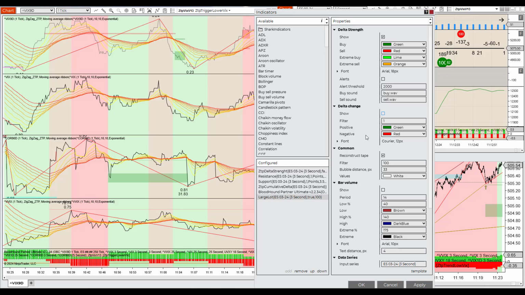I unchecked the delta change. We don't need that. We do want to show the delta strength, and we want to keep the red and the green colors. This way we differentiate from the regular one that is picking up every contract. We differentiate that from the filter of 100 or more.